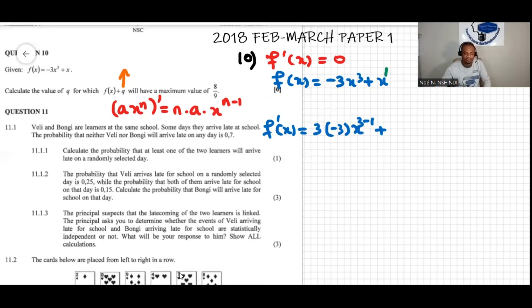Plus, over here a is 1 and n is also 1, so it's going to be 1 times x to the power of 1 minus 1.